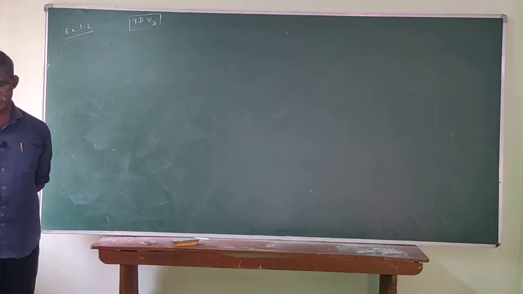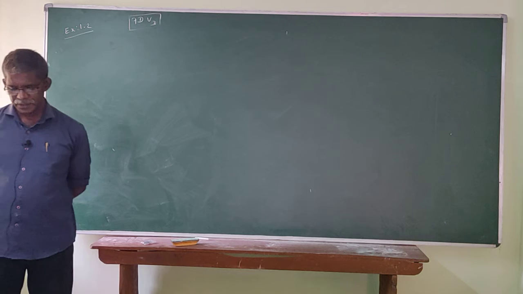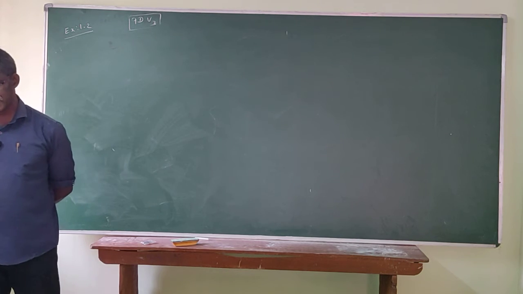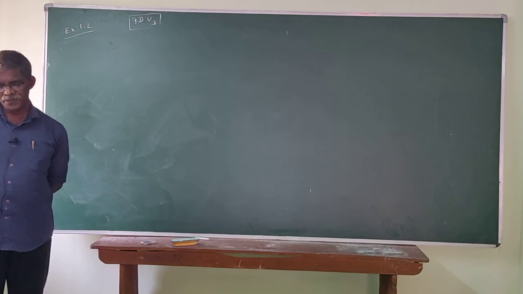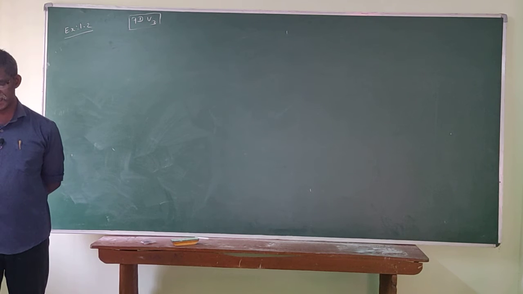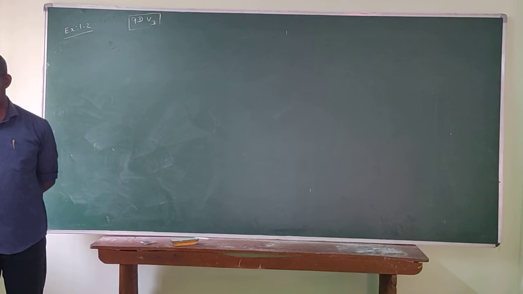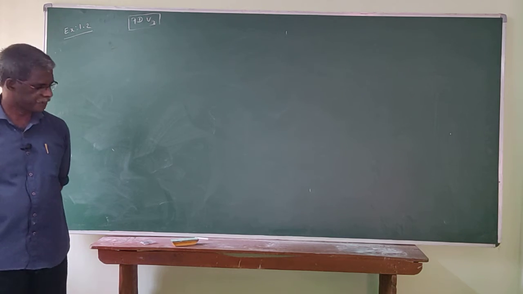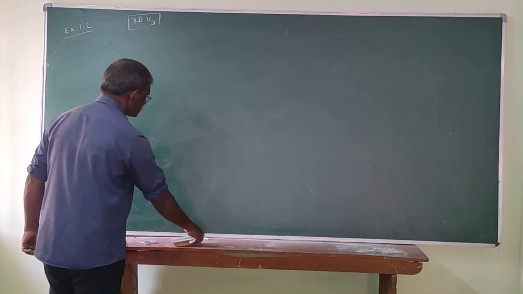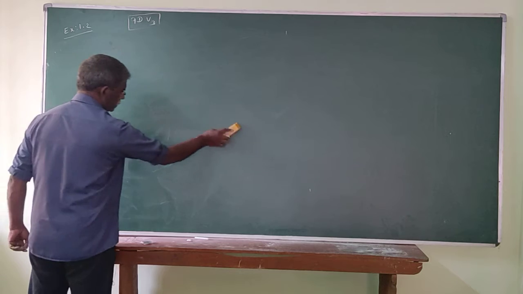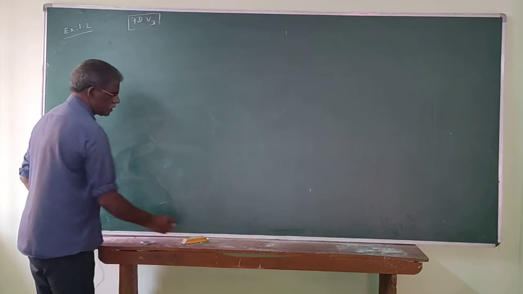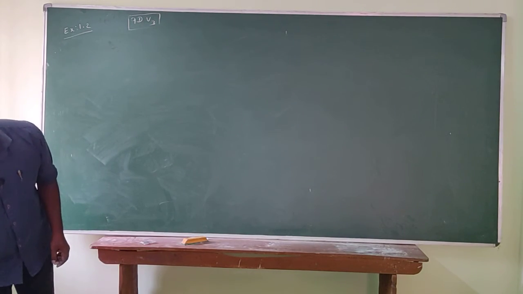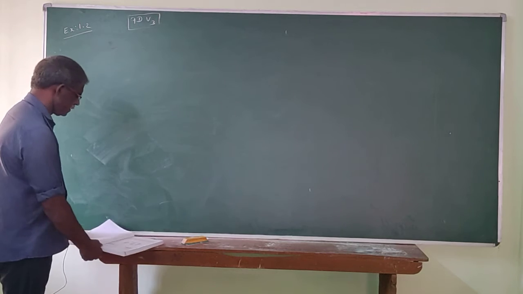Then question number 5, state which pair of sets are disjoint or overlapping. This is also very easy, that's why I am simply explaining.